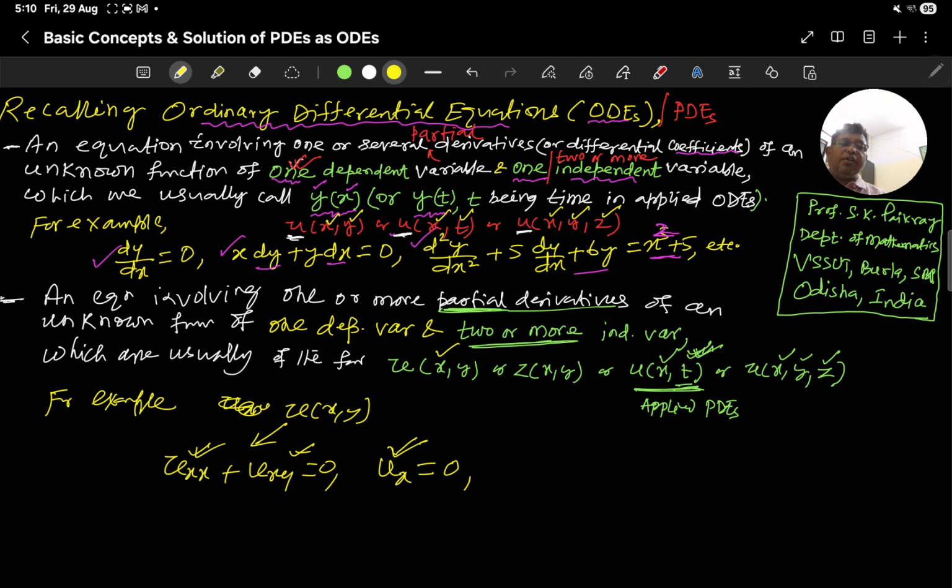Or if I write u xx plus 2 u xy plus u yy is equal to some x plus y plus u, this is also a PDE. So it involves one or more partial derivatives of a single dependent variable u with respect to two or more independent variables. So this is the definition of a PDE.